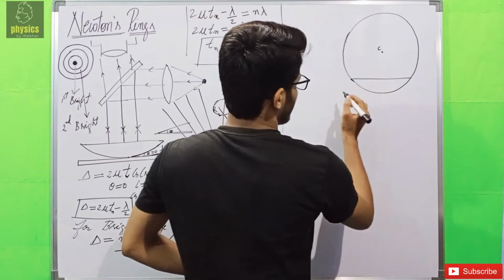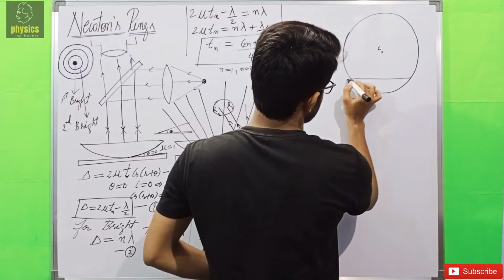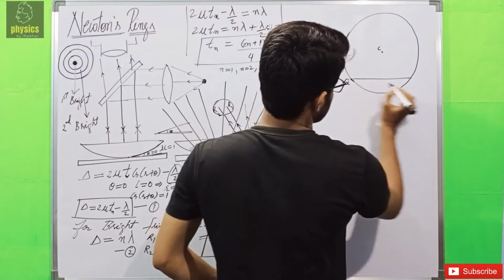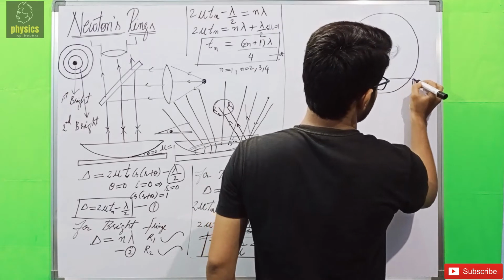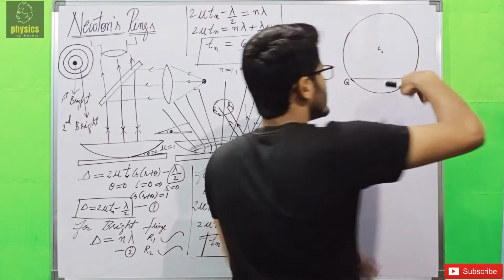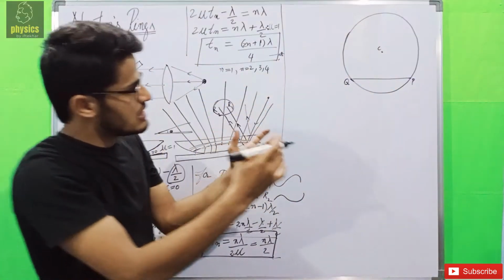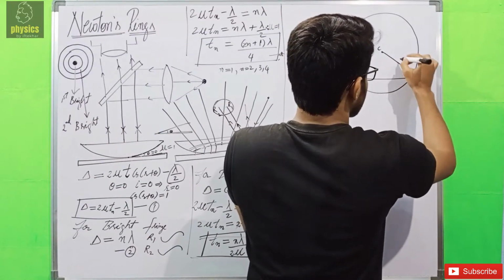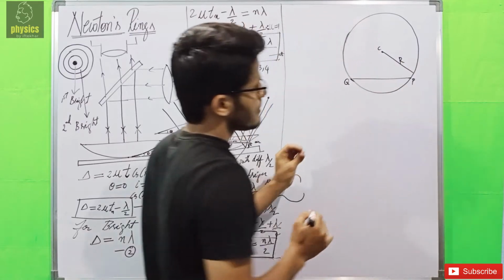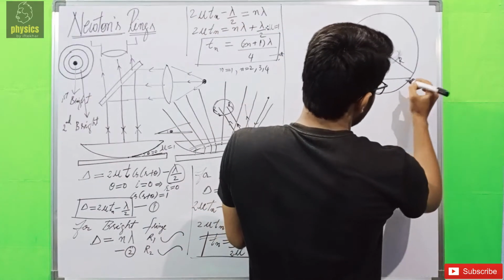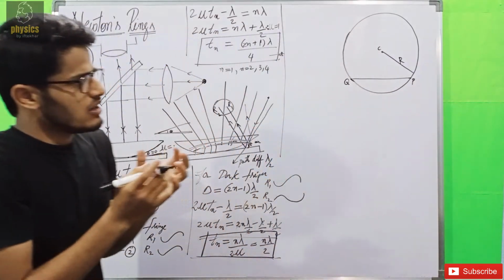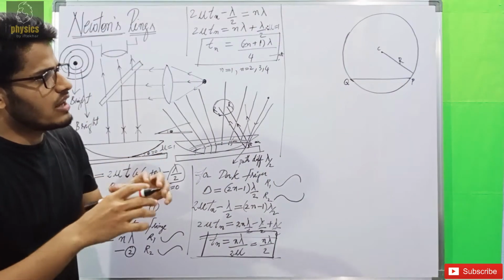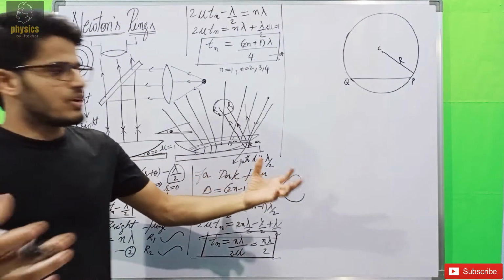C, and my lens, this is the point Q of my lens, and this is the point P of my lens, and the sphere which I've imagined is having some radius R, and I am trying to find out the diameter of any nth fringe.